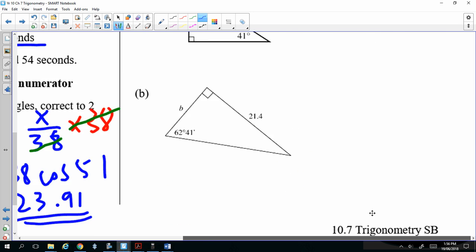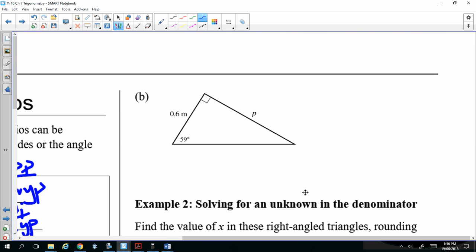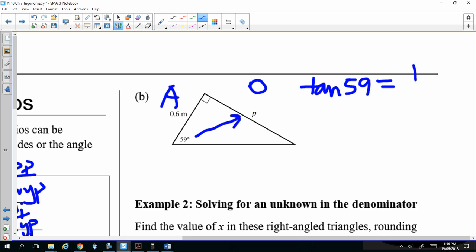Alright, go up the page. So this one will be opposite, because it's opposite to the angle. This is adjacent, because it's next to the angle. O and A is tan, so write tan of the angle equals opposite over adjacent. And to find the numerator, you just have to multiply the 0.6 by the tan ratio.